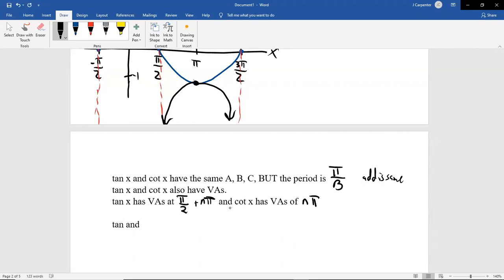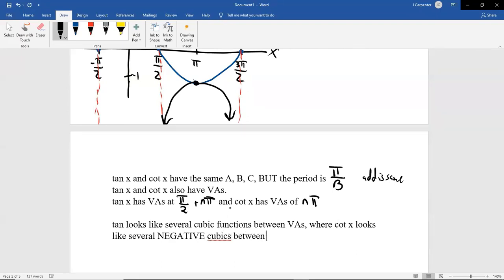Tangent looks like several cubic functions between vertical asymptotes, whereas cotangent looks like several negative cubics between vertical asymptotes. Here's the reasoning.